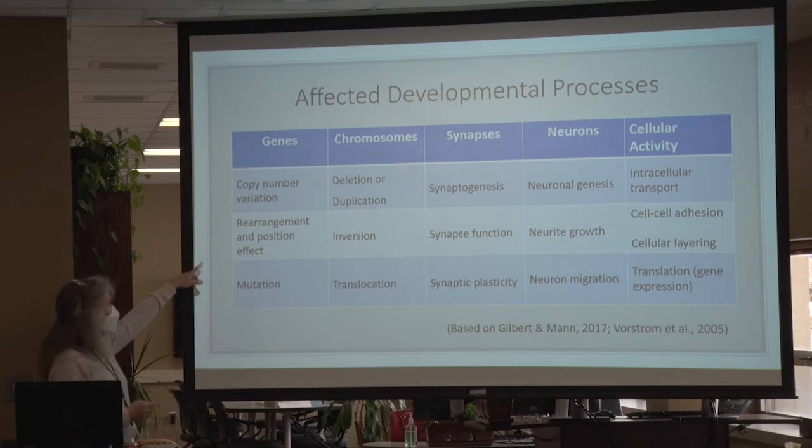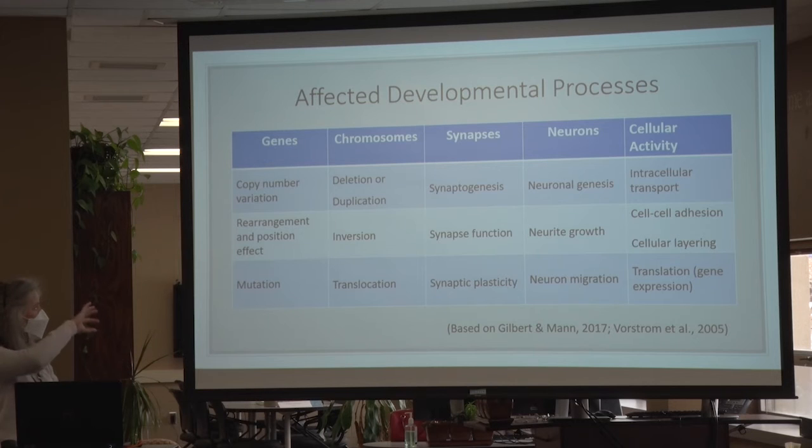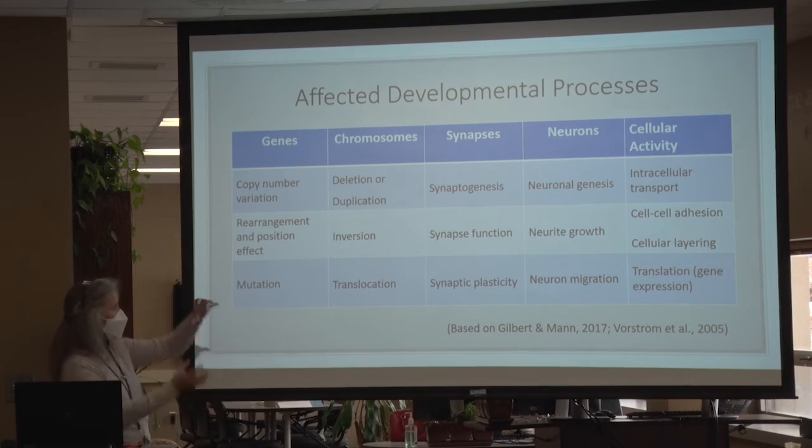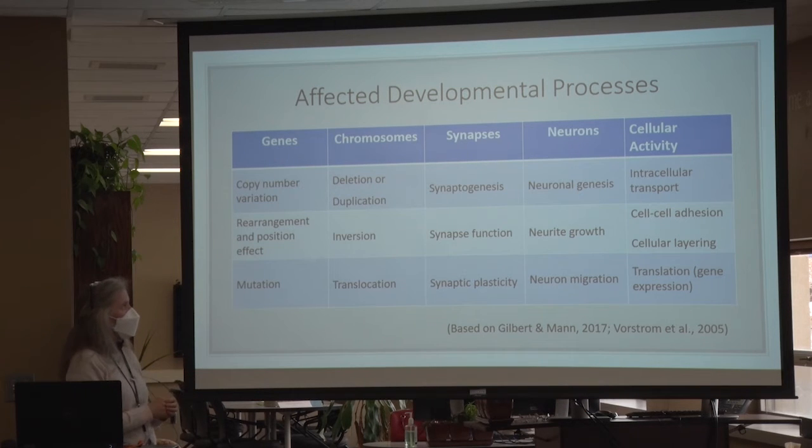So rearrangement and position effect. We tend to think about this more with chromosomes, but it's the same with genes. Have they been rearranged and now that's causing issues? Has there been a mutation of the gene? Chromosomes, was there deletion or duplication? Was the chromosome section inverted or is it in the wrong location?